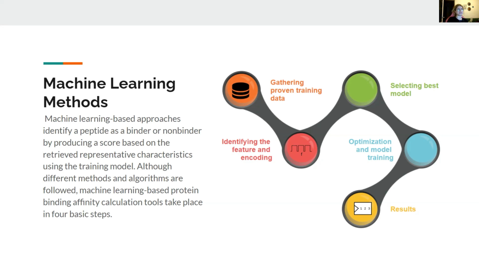IEDB, the Immune Epitope Database, is the most common database for that. Then identifying features and encoding, and this is where the difference between them lies. They have different features and different encodings.